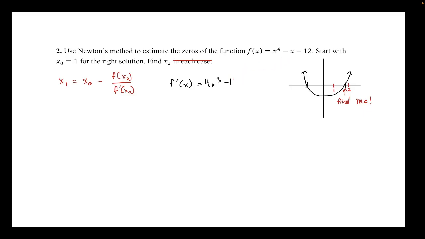So x sub 1 is going to be equal to 1, which they want us to use, minus f of 1 divided by f prime of 1, which is 1 minus 1 to the 4th minus 1 minus 12 over 4 times 1 cubed minus 1, which is going to be 1 minus a minus 12 over 4 minus 1 is 3.